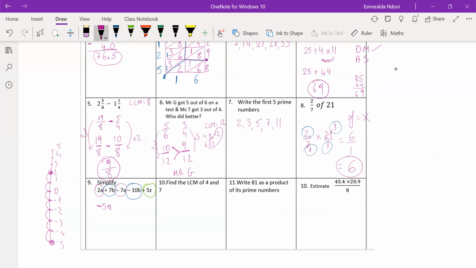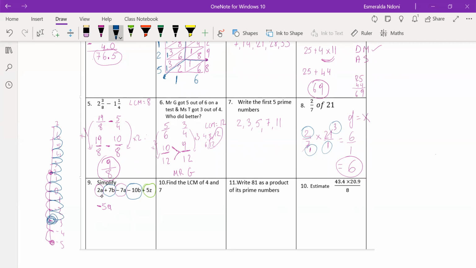Now I'm going to do the b. I start at 7b. So I start at positive 7. This is where I am, 7b. You start there and you take away 10, so you go down 10. 1, 2, 3, 4, 5, 6, 7, 8, 9, 10.